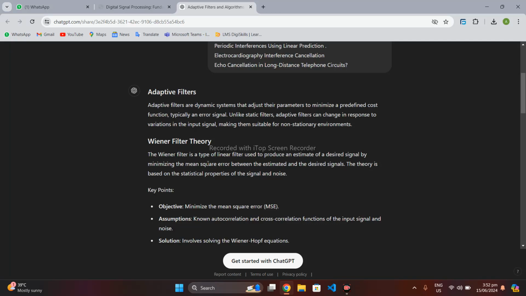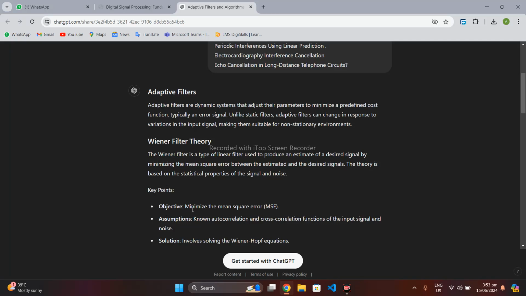So the Wiener filter is a type of linear filter used to produce an estimate of a desired signal by minimizing the mean square error between the estimated and the desired signals. The theory is based on the statistical properties of the signal and noise. So here are the key points of the Wiener filters.